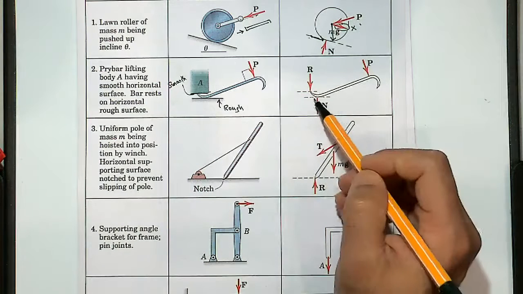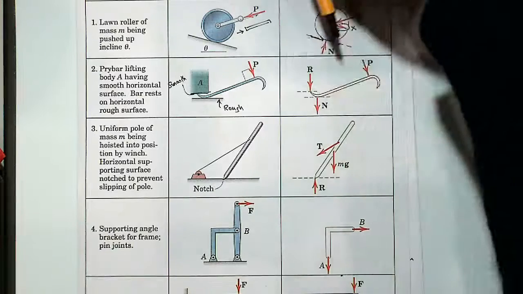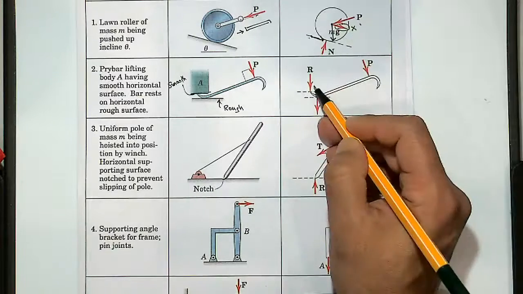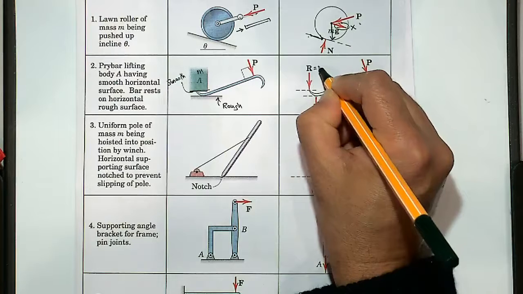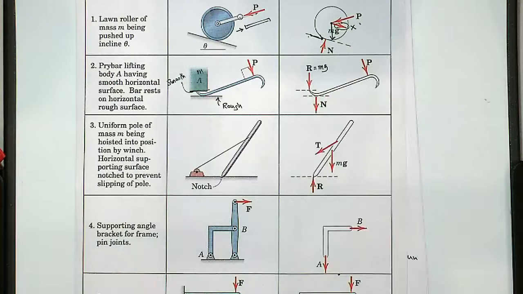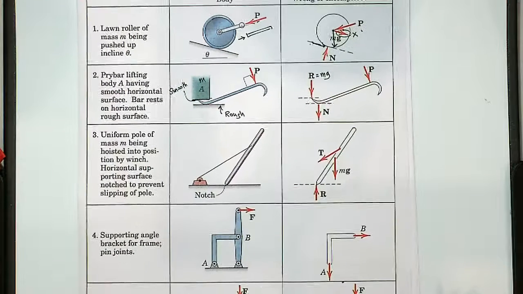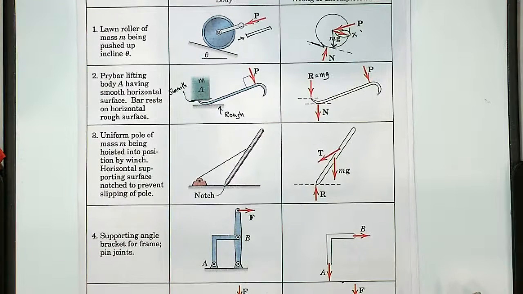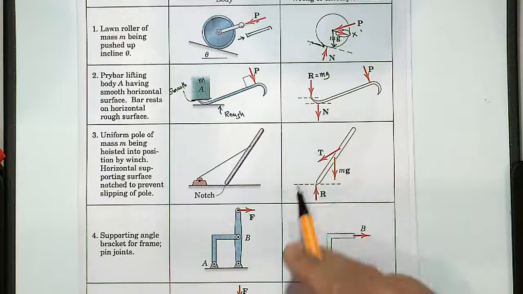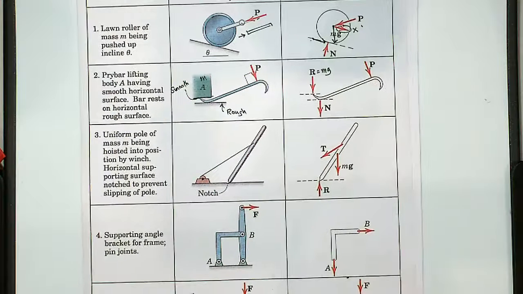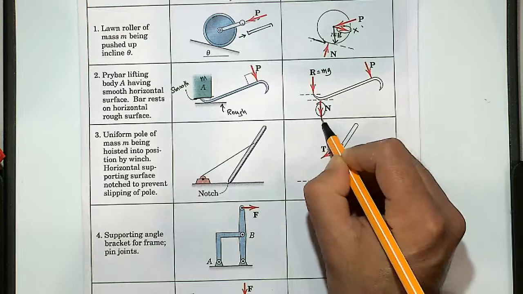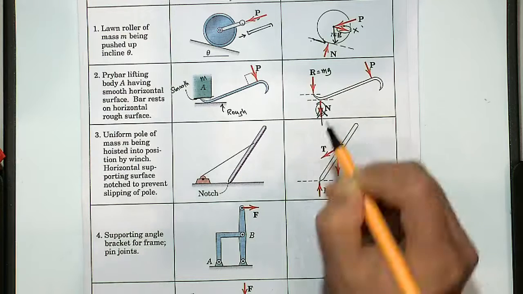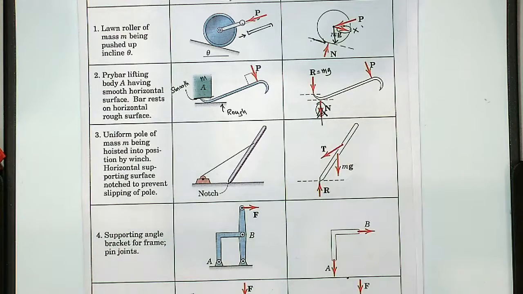Now the bar itself is shown, the load P is given, the weight is probably, if this is mass m, equal to m times g. That looks right. And what else? The reaction force N shows downward. Is that right? It should be upward, isn't it? So this should be upward.